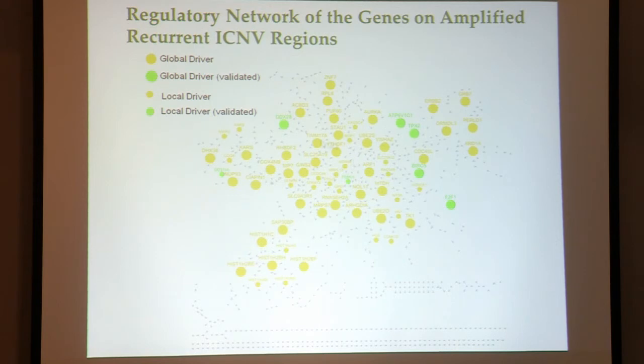Those larger nodes are the key drivers of breast cancer, and those green nodes are the nodes we know have a significant impact on cancer cell proliferation when knocked down.